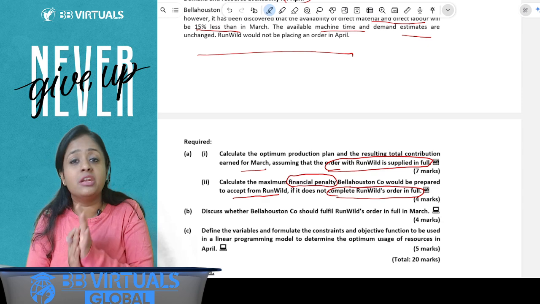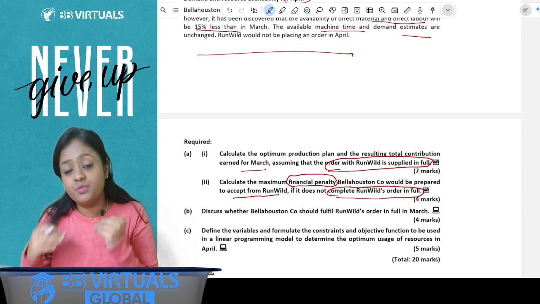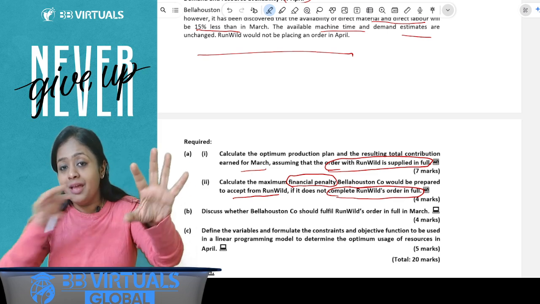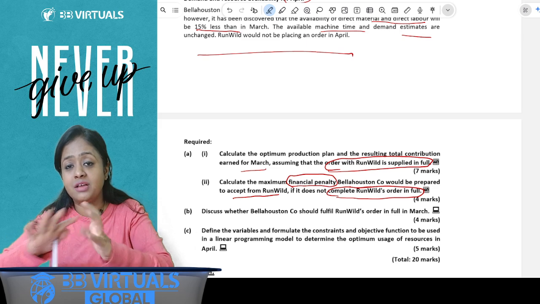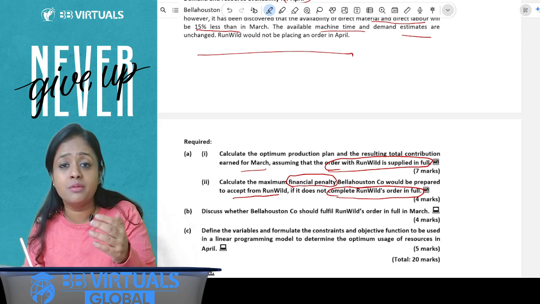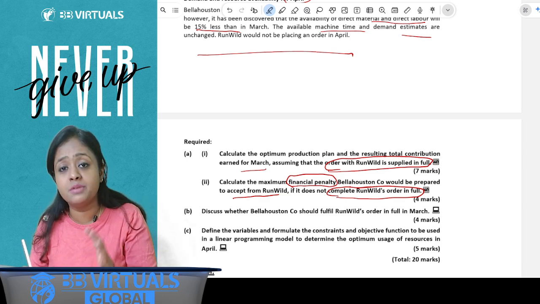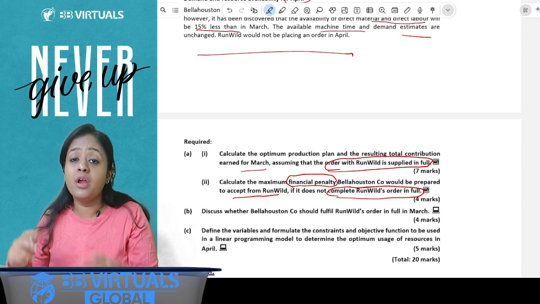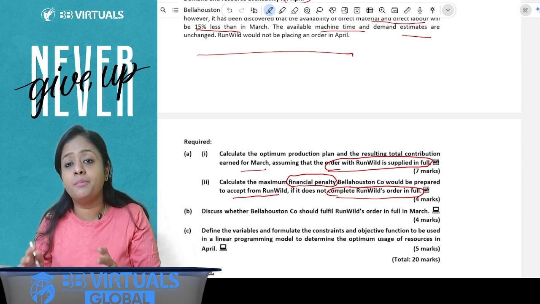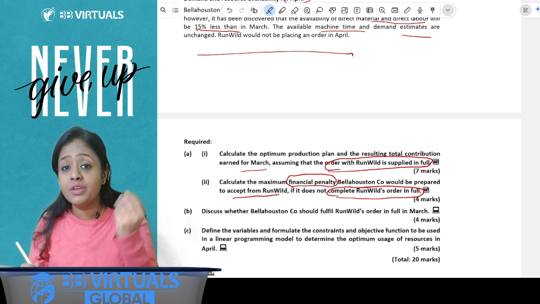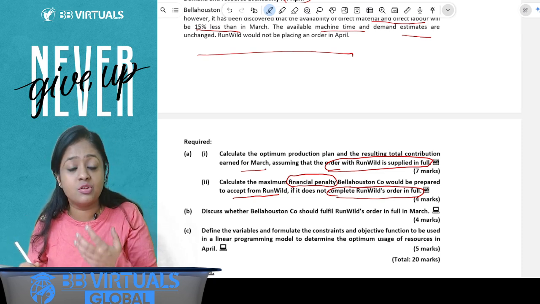The contribution that it will be losing, because first what we did was we satisfied the order in full, and then we allocated the hours to the remaining products in the ranking of their contribution to earn maximum contribution. Now, if we do not fulfill Runwile's order, then we may have lower contributions, or higher.